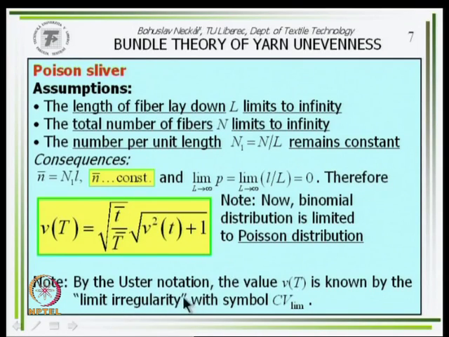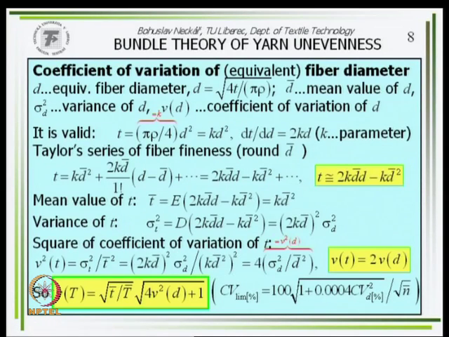By the Uster notation, you know what it is, Uster, the instrument Uster tester, and so on. By Uster notation, the value Vt is known as the so-called limit irregularity with symbol CV lim in the material of this company.